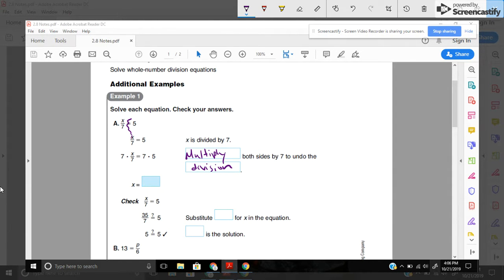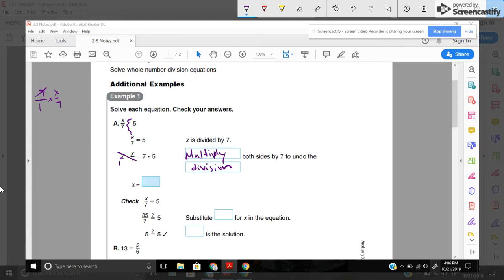So this 7 times 7 cancels each other out. The reason is because, remember, 7 as a fraction is 7 over 1, and we're multiplying that by x over 7. And remember, when you multiply, you can first simplify.